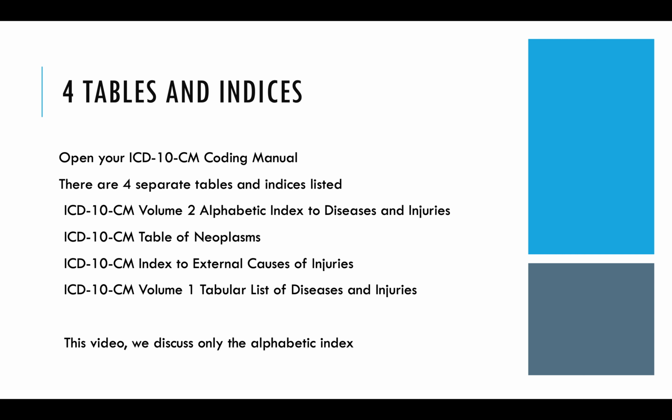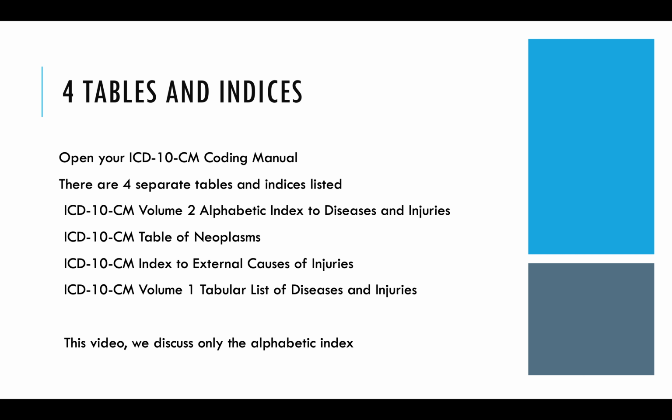The first one is the ICD-10-CM Volume 2 Alphabetic Index to Diseases and Injuries. Number 2 is the ICD-10-CM Table of Neoplasms. Number 3 is the ICD-10-CM Index to External Injuries. And the last one is the ICD-10-CM Volume 1 Tabular List of Diseases and Injuries.